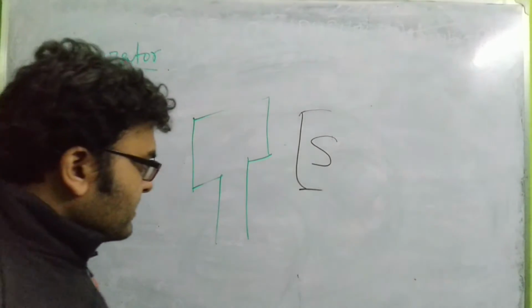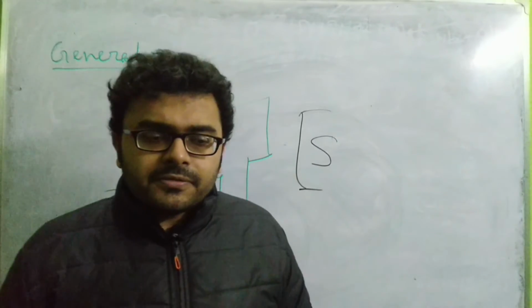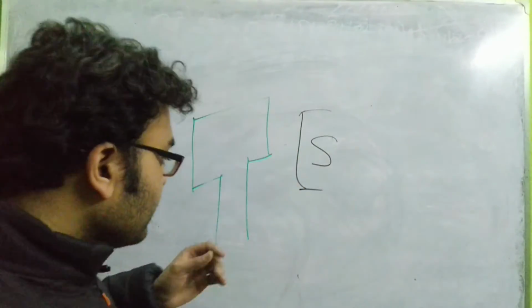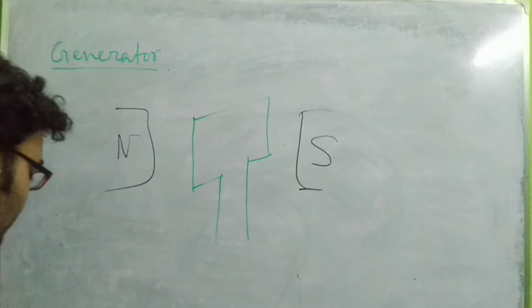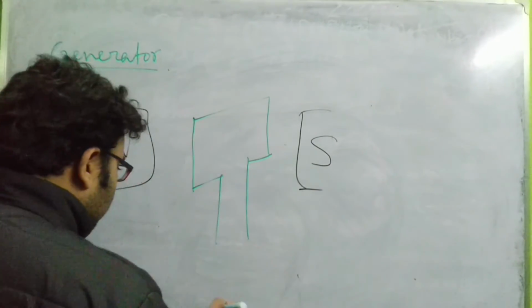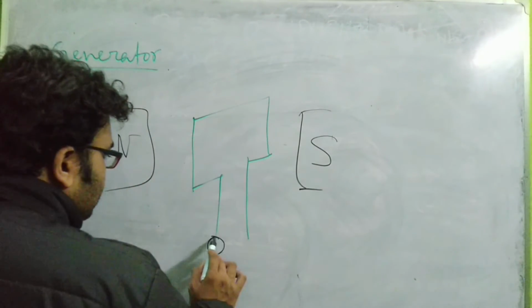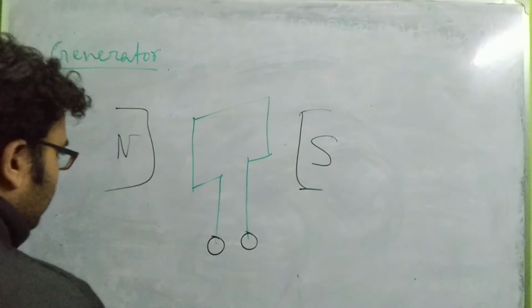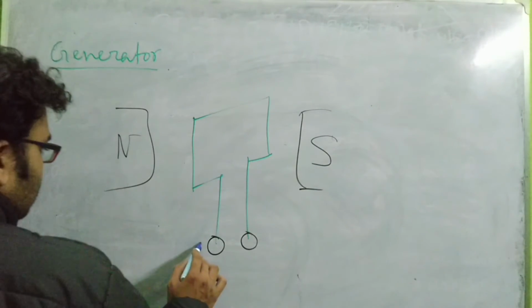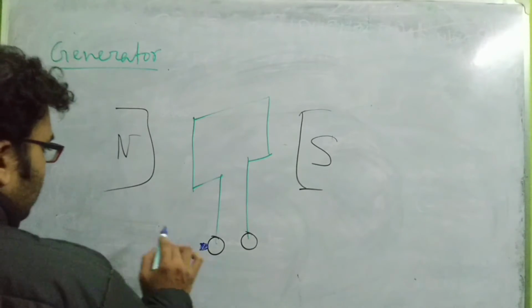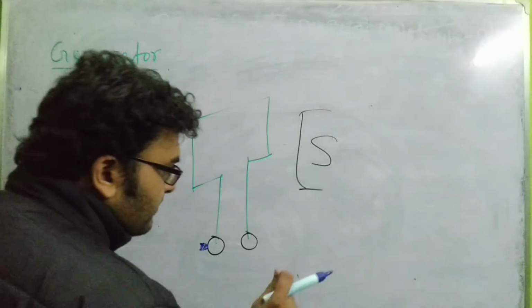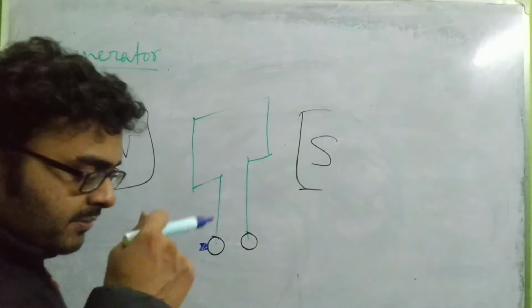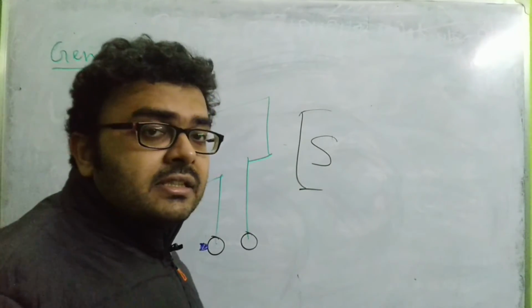Now see, this generator, if it is simply taken in this way, and say there are two rings like this, one here and one here, and from these two rings you take the output connection through a brush. Brush here does not mean the brush you use to brush your teeth.